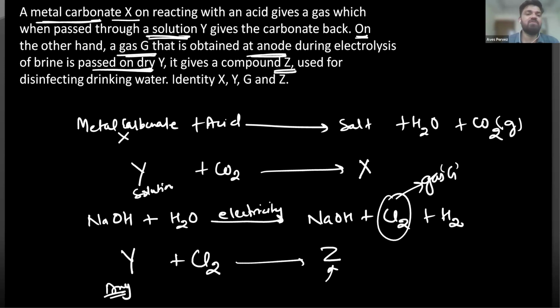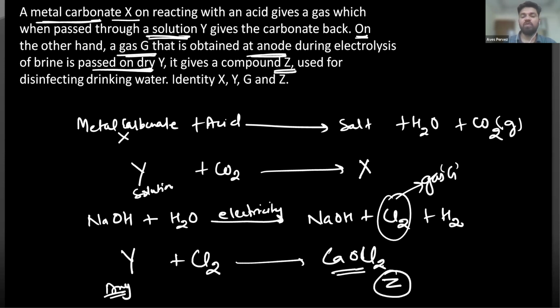Which compound is used for killing germs? Bleaching powder. So you will write here calcium oxychloride is used for killing germs. So this one is compound Z.